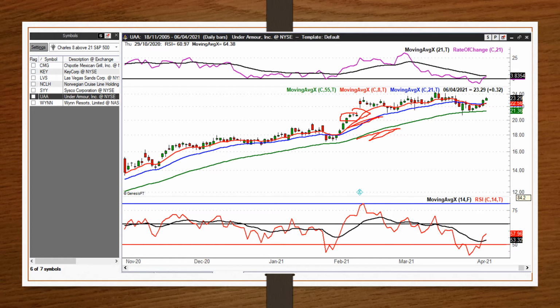But I have built that into this service, and so each day I will say, okay, give me all the stocks that show up under my conditions, and here are the ones that have appeared on this day, which is I think the 6th or 7th of April. And this is the bullish side of the trade.